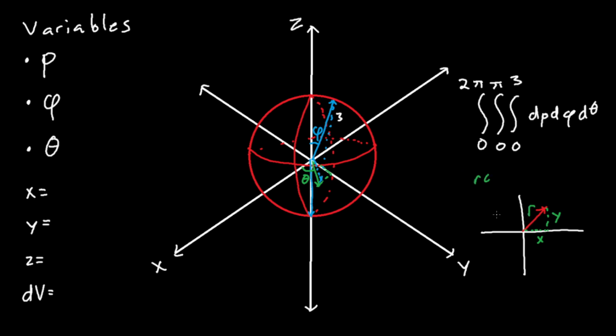So if you just find r times cosine of the angle theta, defined in polar coordinates, you can get the x value along the x-axis. Same for the y value. If you multiply sine by the magnitude of this vector, you would get the y value of your transformation.